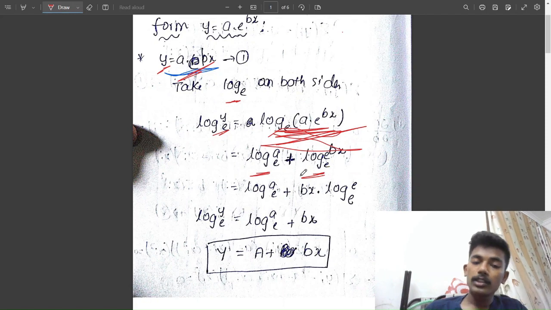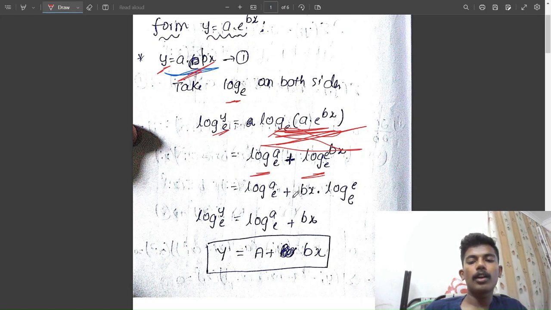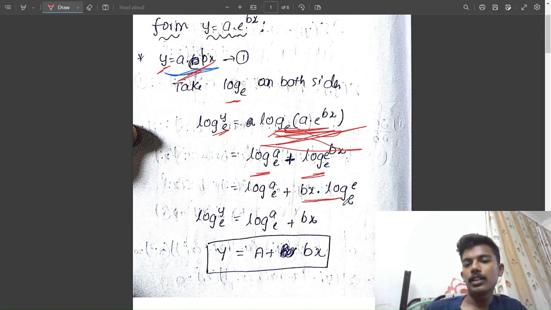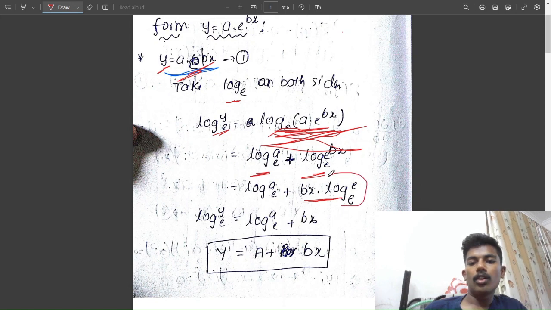Now, we also know that log a power m is equal to m into log a. So, log e power bx will become bx into log e. As we know that log e to the base e is equal to 1, hence this value will become 1.